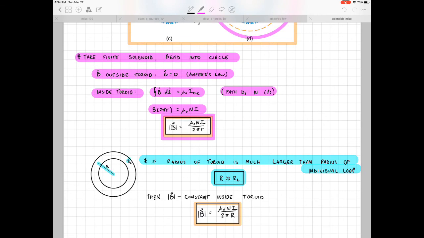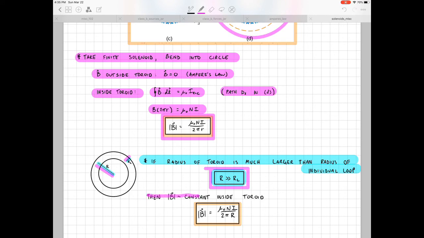But if the radius of the toroid is much, much larger than the radius of the individual loops, and that's what we've got written right here, then it turns out that you can replace the little r, the distance from the center, with big R, the actual radius of the toroid itself.